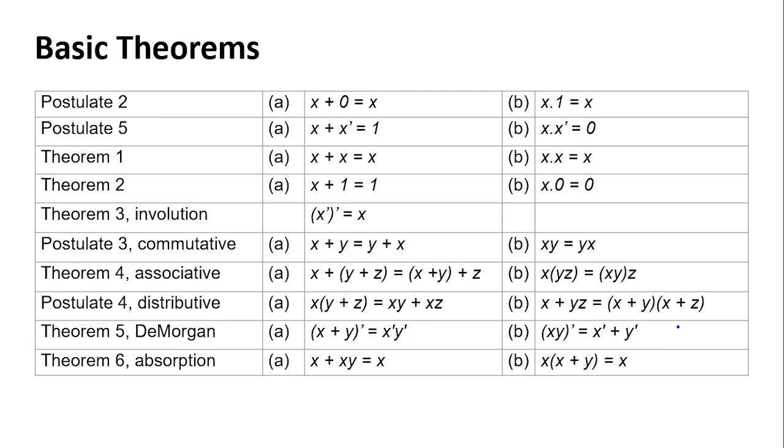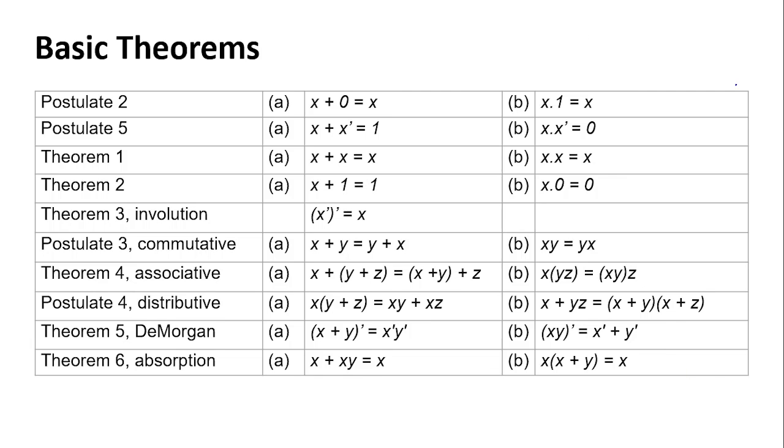Then we know very well that 0 is the identity element. What is the dual of this? Replace the plus with the dot and 0 with 1. So what you get is x dot 1 is equal to x. So that's the idea that we are going to use.